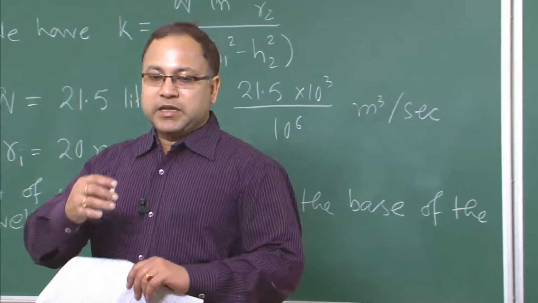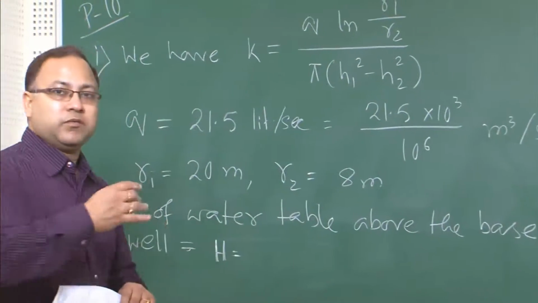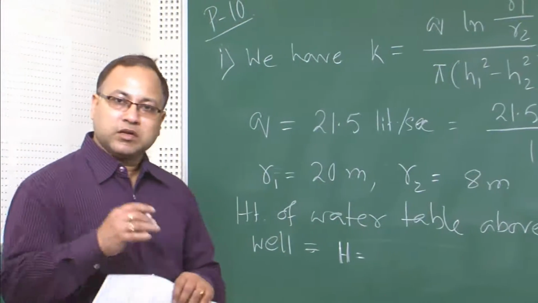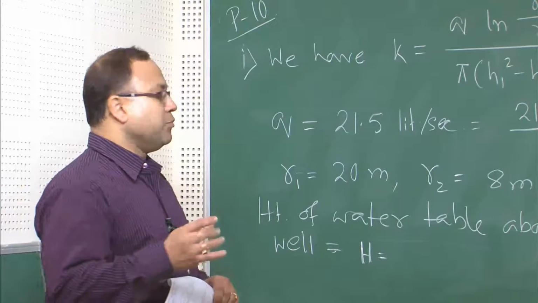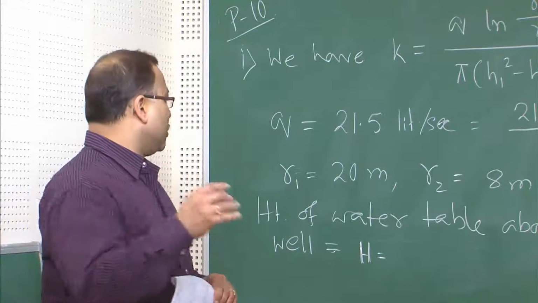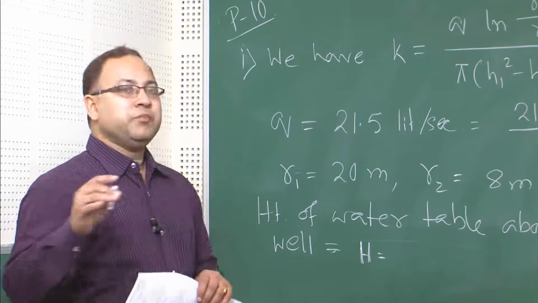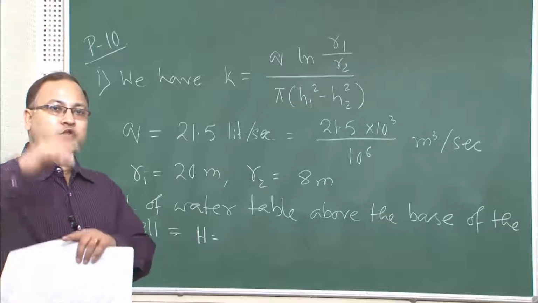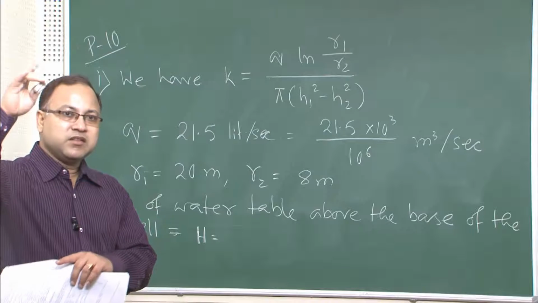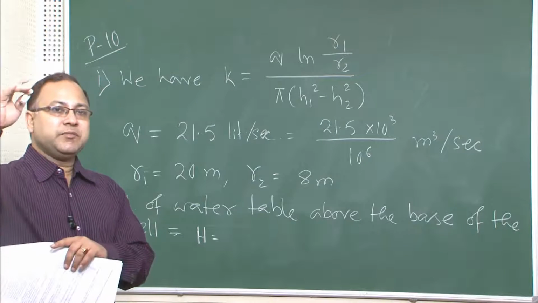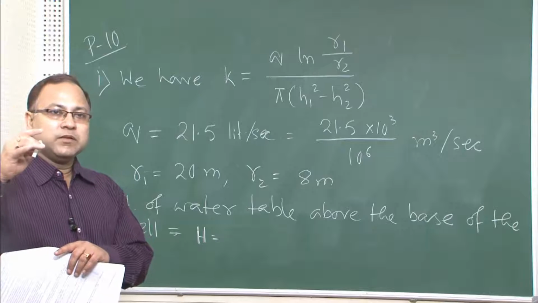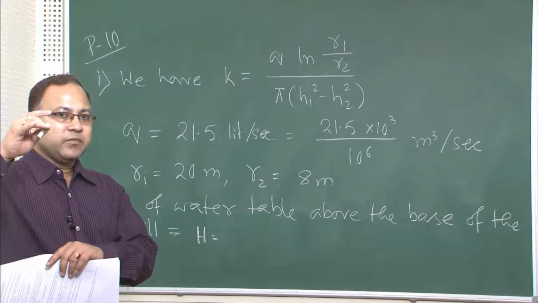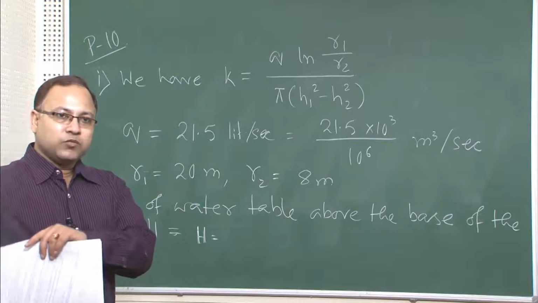So, in the well, whatever observation well or the test well you consider, before pumping out, the water table above the base of the well will be the total depth of the well, that is 18 meter, minus the depth of the water table below the ground level. So, that will give you the water table available at the wells.